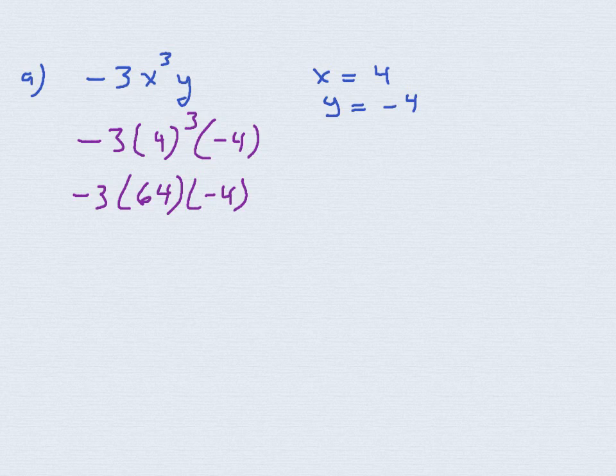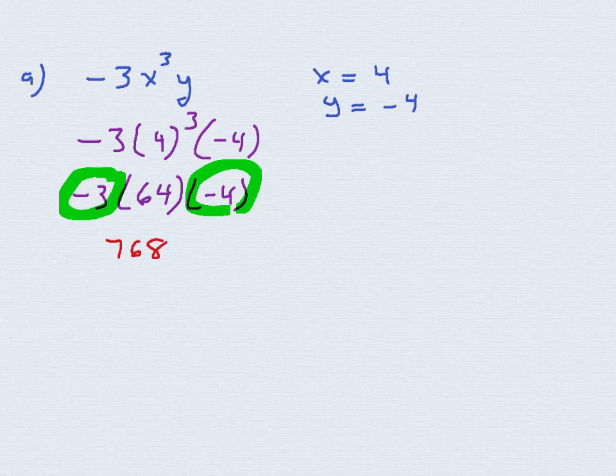Oh, I can use my calculator, of course. I'd probably do the negative 3 times the negative 4, get a positive 12, and then 12 times 64. Probably going to resort to my calculator anyway, and you would get 768. And a negative times a negative is a positive, times a positive remains a positive.